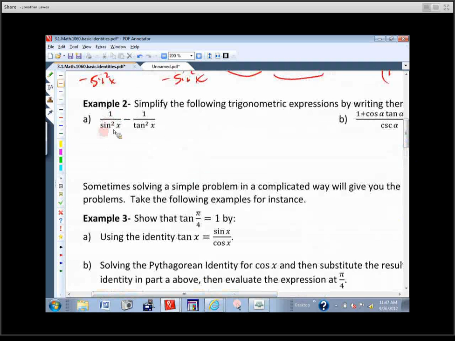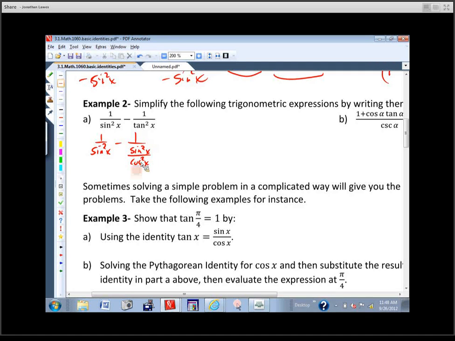This is already written in terms of sines. This is not. So I'm going to write 1 over sine squared of x minus, how can I write tangent in terms of sine and cosine? Yep. So this is going to be sine over cosine, or sine squared over cosine squared. This technically is what we call a complex fraction.